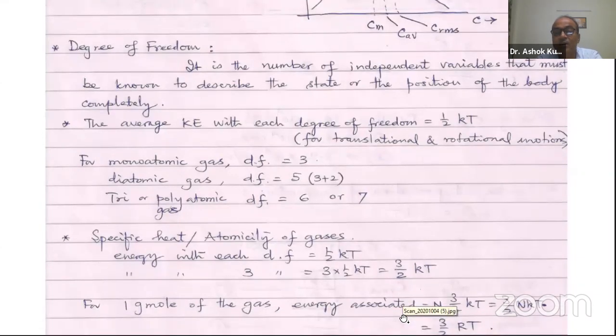Now, this law of equipartition of energy and concept of degree of freedom is of great use in classical thermodynamics or classical statistical mechanics, in the sense that you can first find out the atomicity of the gas, whether the gas is monoatomic, diatomic, or polyatomic, or triatomic, or we can find out the specific heat value of the gases.